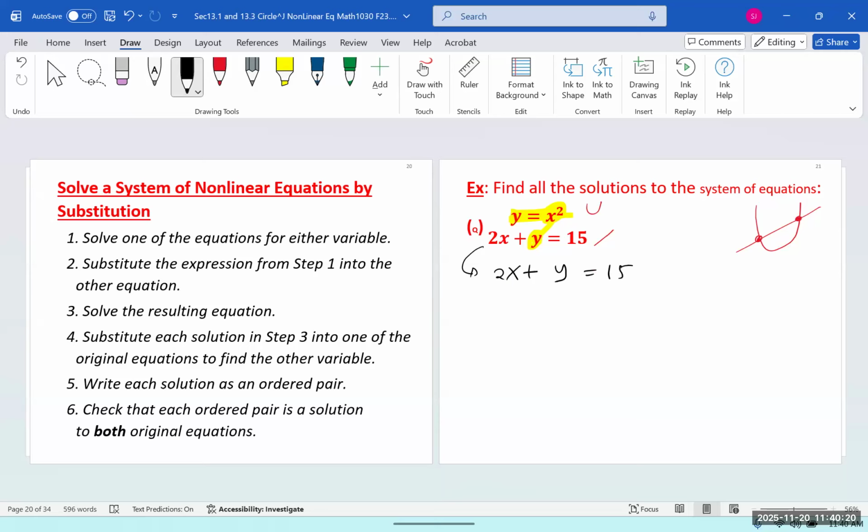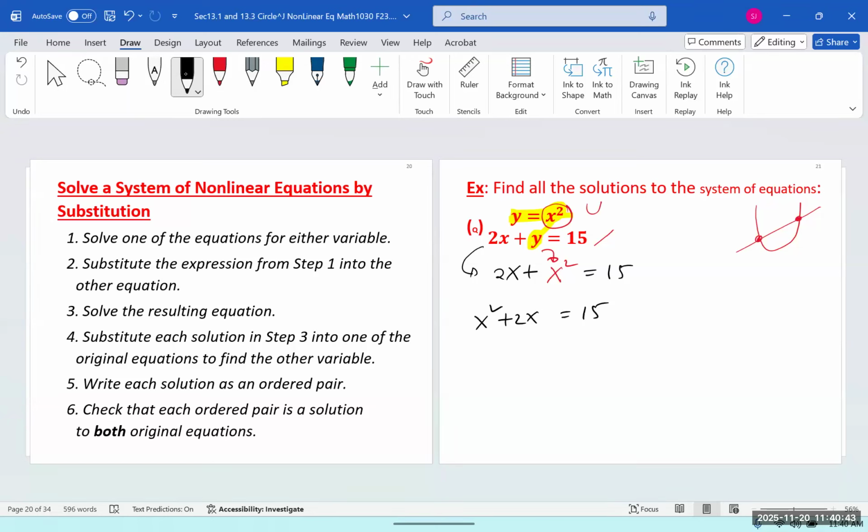But we're not going to write y. Instead of y, we are going to write x squared, because y is x squared. And now we have x squared plus 2x equals 15. So it's a quadratic equation.